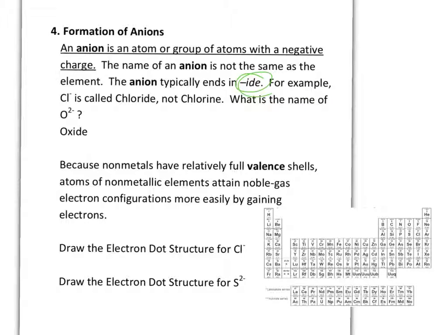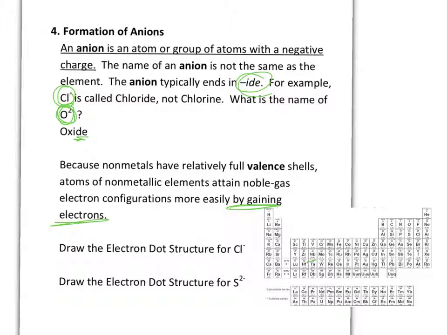For example, chlorine will become the chloride ion. Oxygen will become oxide. And because nonmetals have relatively full valence shells, atoms will attain the noble gas configuration by gaining electrons.